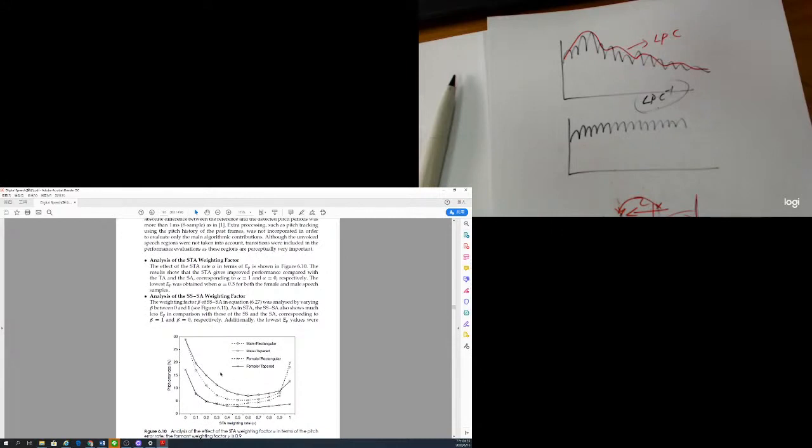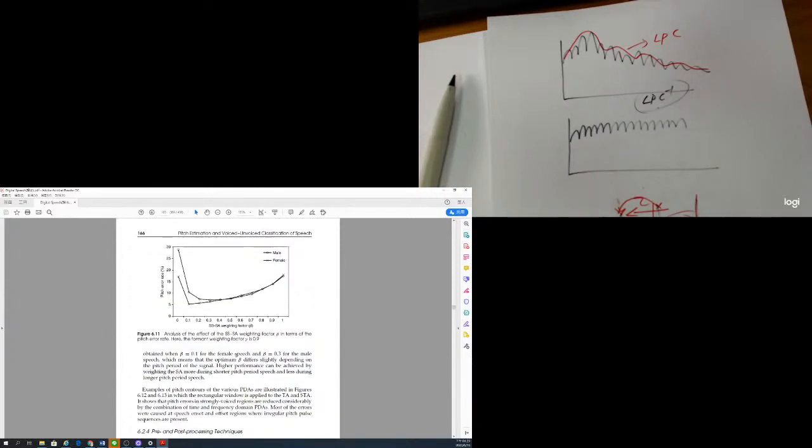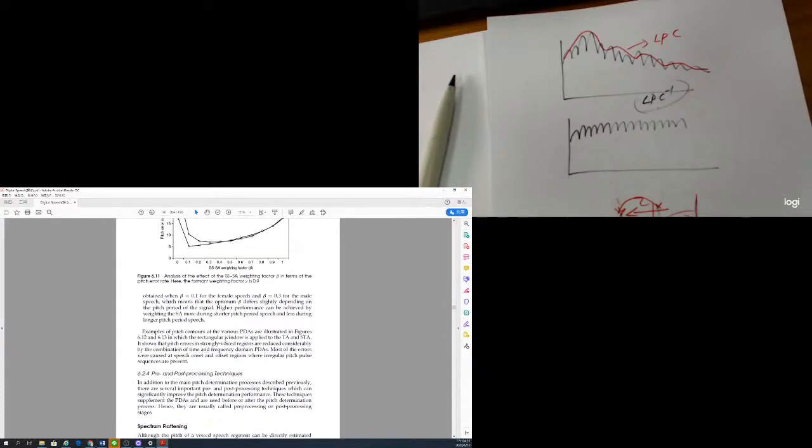This one talks about the best weighting value, because they combine them together with alpha and beta to get better performance. Spectrum autocorrelation is based on waveform correlation, while this one is based on synthesized waveform similarity, to see which one is closer.